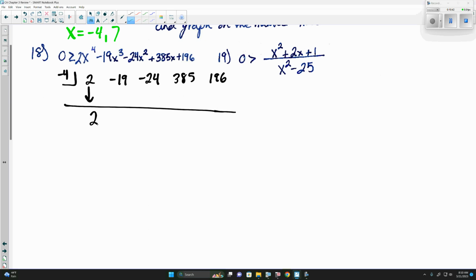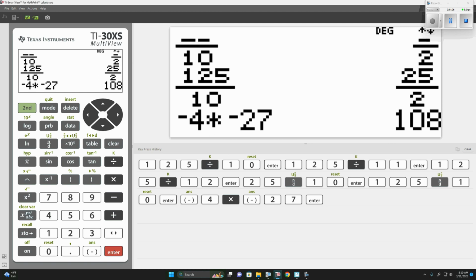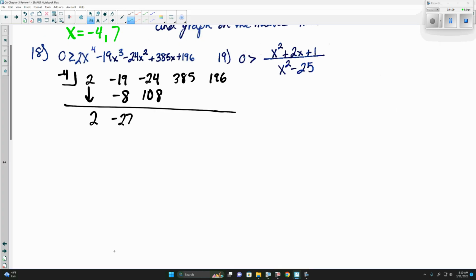And we can use synthetic division from here. -4 times 2 is -8. -19 plus -8 is -27. -4 times -27 is going to be positive 108. We can add straight down. -24 plus 108 is going to be 84.